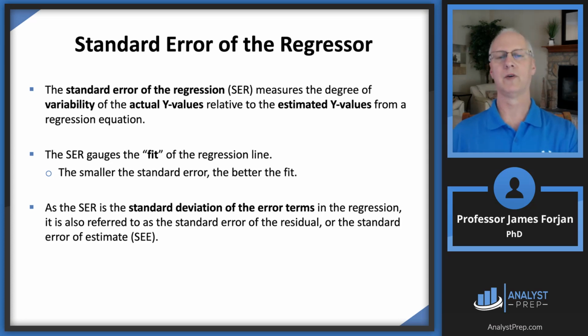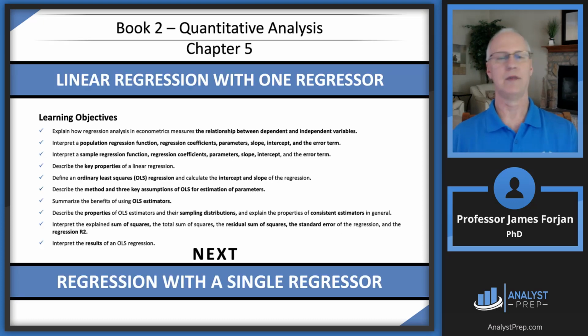Notice in my first circle point there in the middle, the smaller the standard error, the better the fit. You're probably never going to get a 0 standard error because relationships are not perfect. Now, this can also be referred to as the standard error of the residual or the standard error of the estimate. And that takes us through linear regression with one regressor.